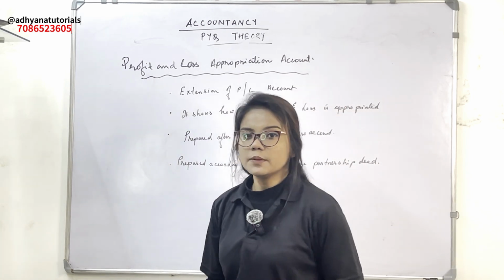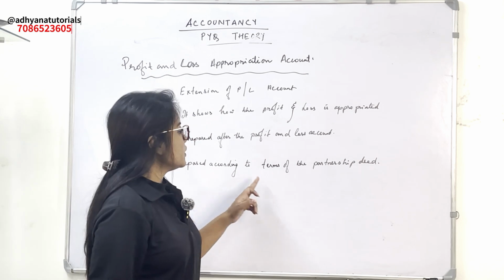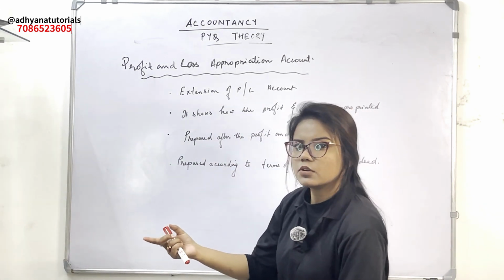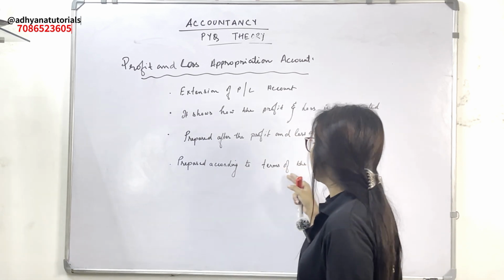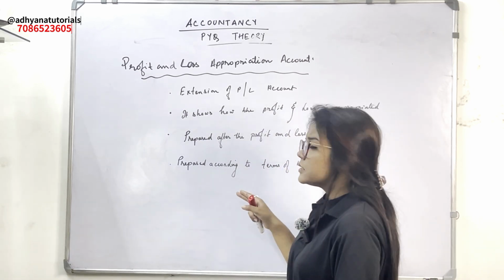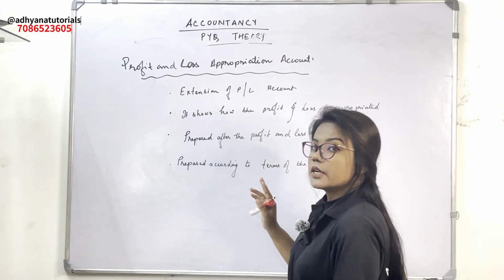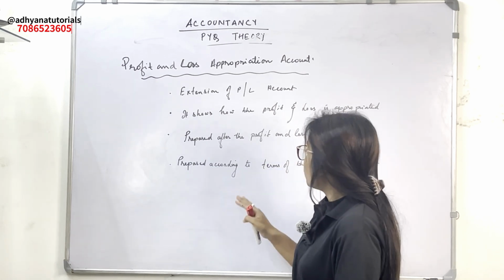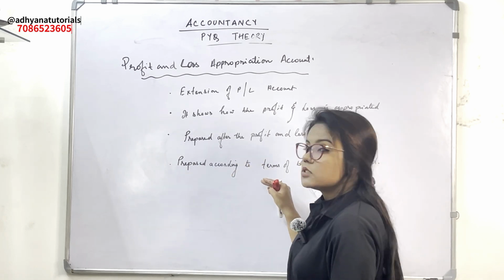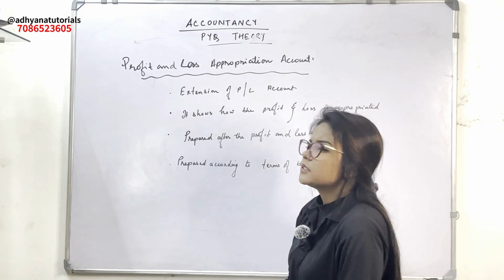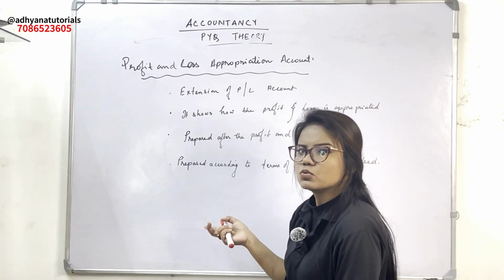It is prepared according to the terms of the partnership deed. A little while ago we discussed what a partnership deed is: it is the written document which contains all the terms and conditions of the partnership business. So according to those terms and conditions this account is prepared. Suppose X and Y are two partners.